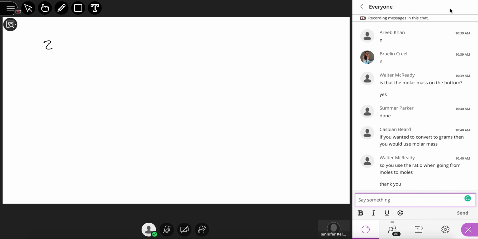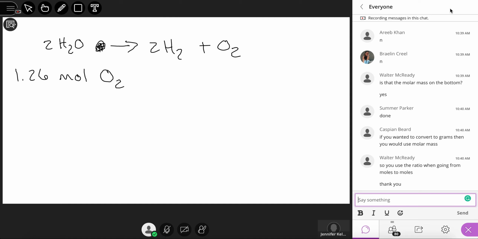All right. So again, we have 2H2O, not plus, oh my gosh, 2H2 plus O2. We have 1.26 moles of oxygen, and I want to know, not of oxygen. If I read my question correctly, it says water. All right, so 1.26 moles of water is reacted. How much oxygen is produced?